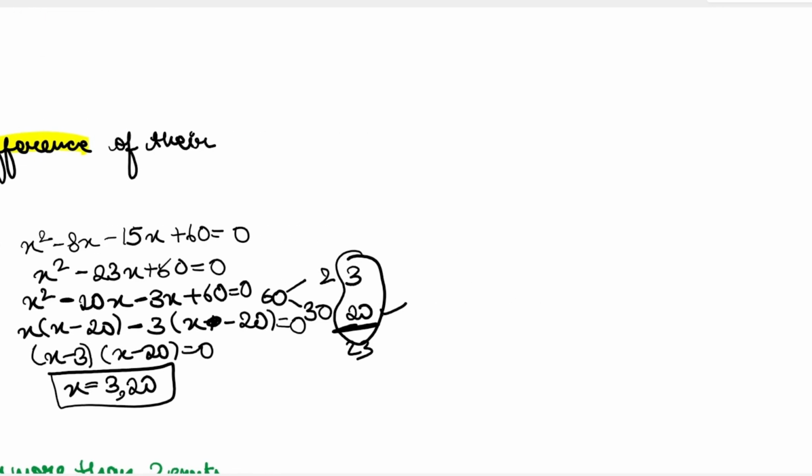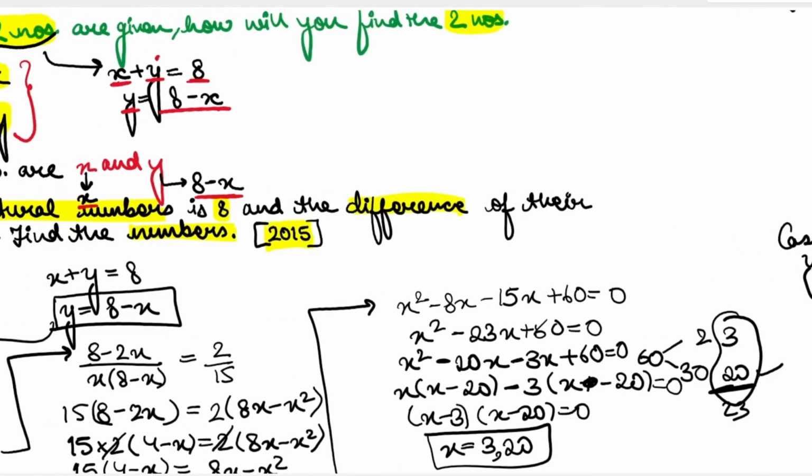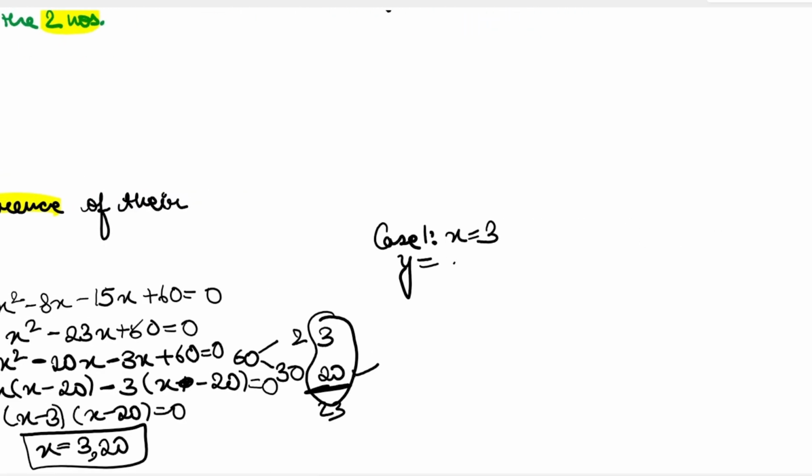Now we have to find x and y. Let's take case 1, when x is equal to 3. So y is equal to 8 minus x, which is 8 minus 3, which is equal to 5. So our values are x is 3 and y is 5. This is the first one.